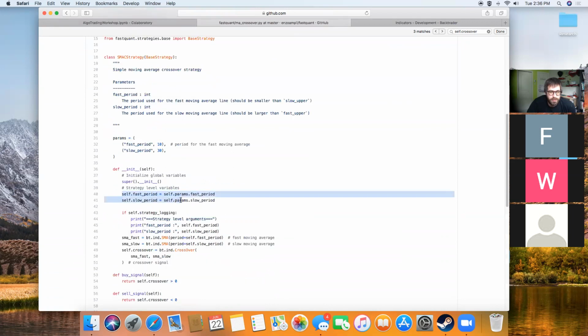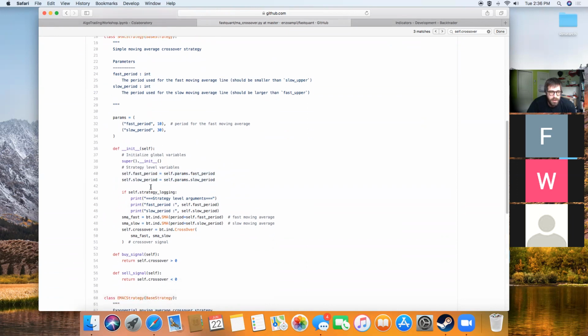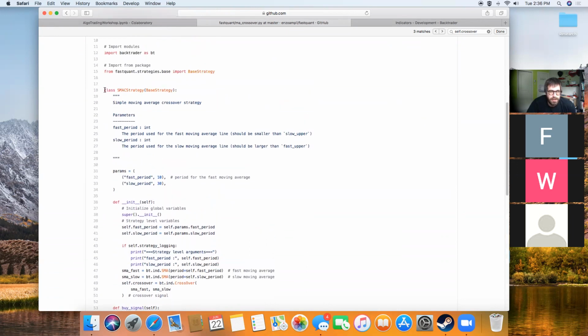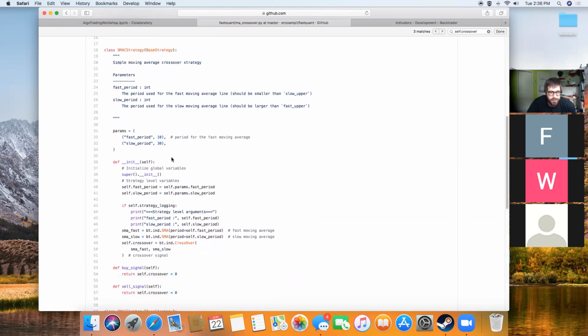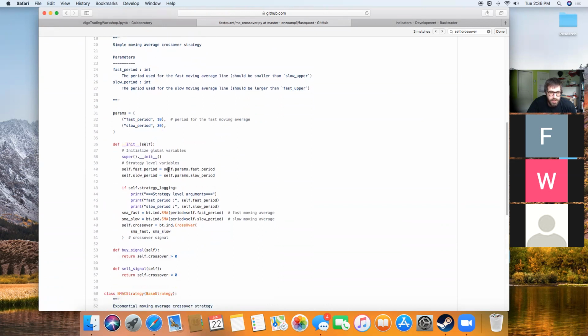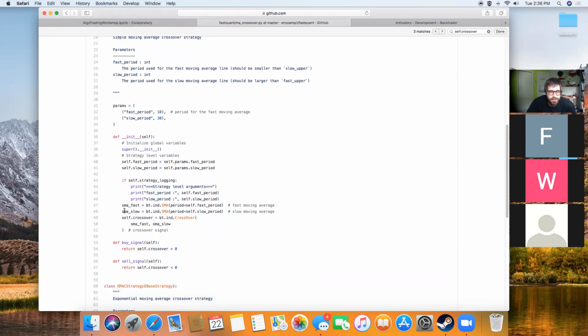So they define first the fast period and the slow period based on the parameters we pass to it. You can see that the class is actually just a class inheriting base strategy, similar to how we were defining the custom one. And then in the initialization, they do SMA fast and SMA slow.